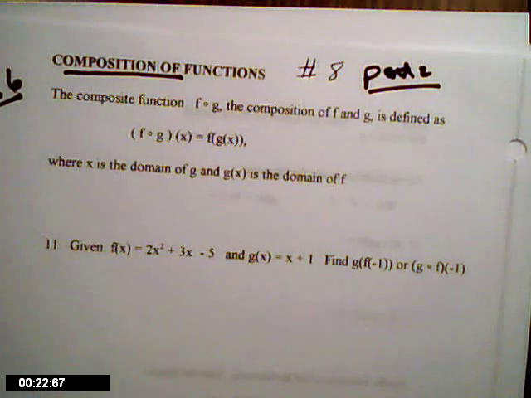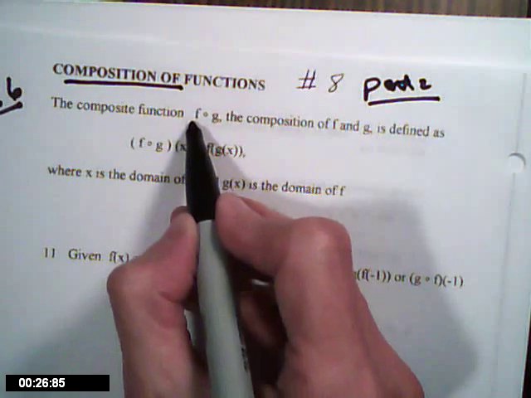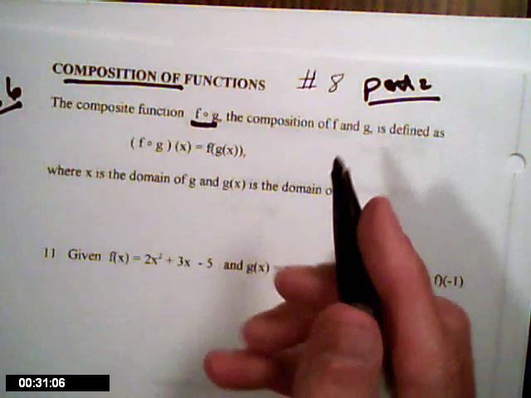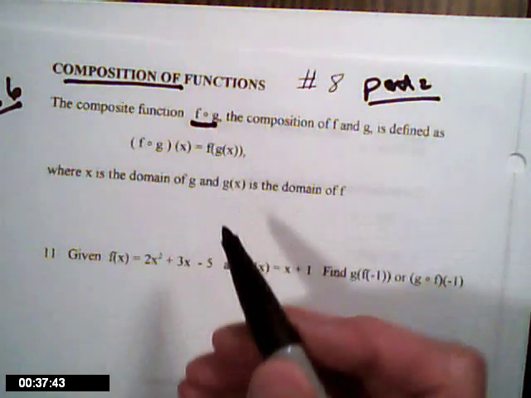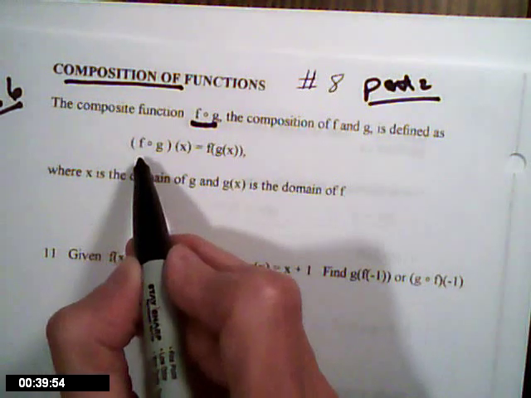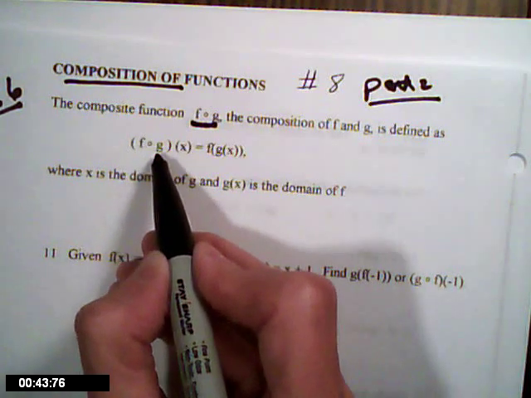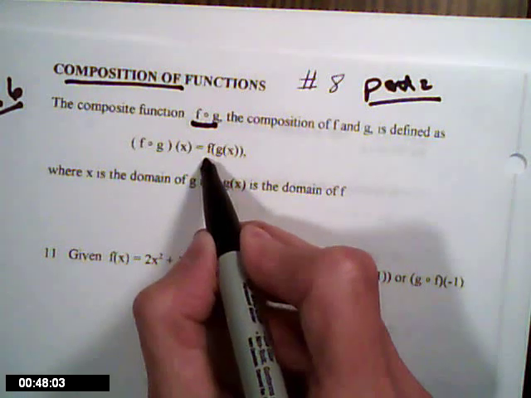Again, notation is very important. The composite function f of g. Notice the little open circle that's raised up off the line. That means composite. The notation is f open circle g of x, or you're going to see me use this notation.